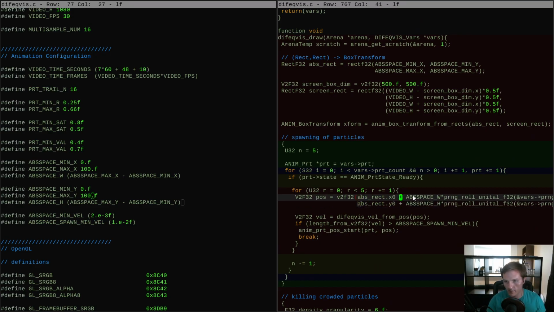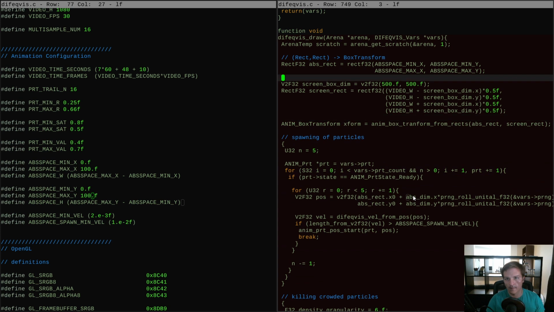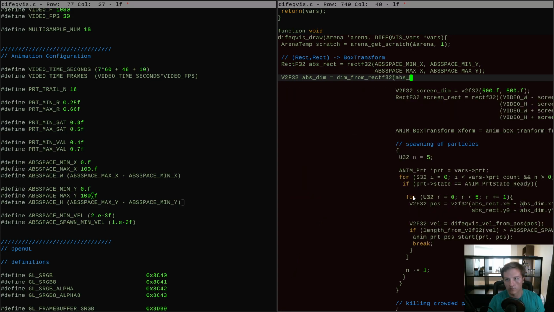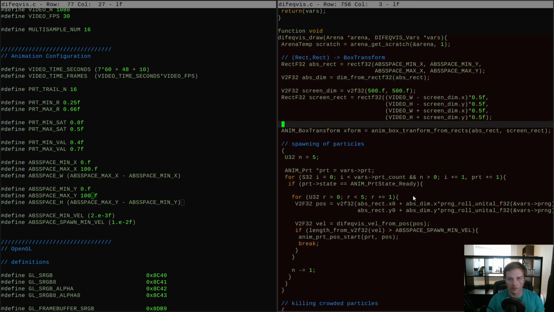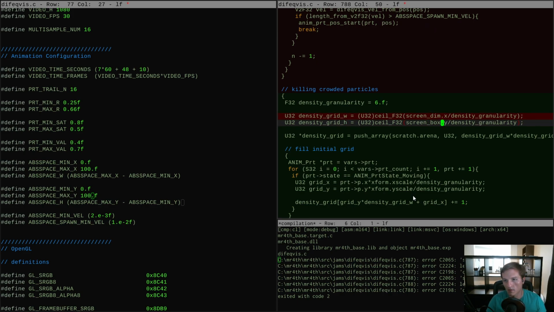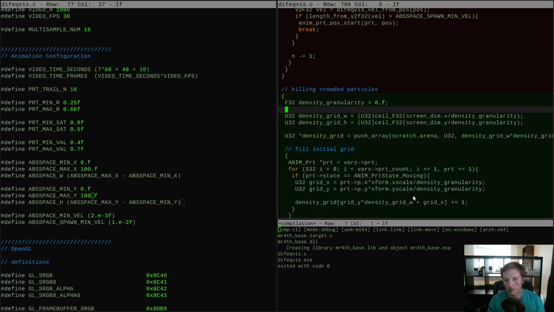So we are spawning based on the abstract rect, density, granularity.